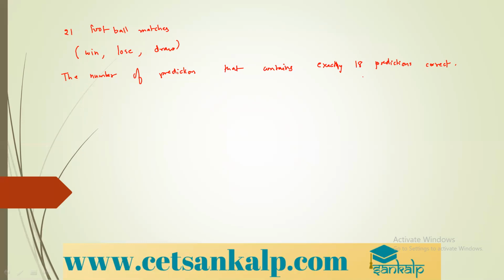See the question. There are 21 football matches happening. So these matches can be won, lost or drawn. We are predicting these football match results. We are guessing. The number of guessings that contain exactly 18 guessings correct, that you have to find.